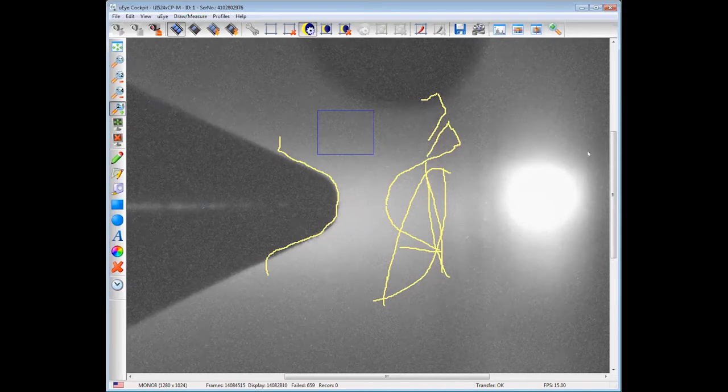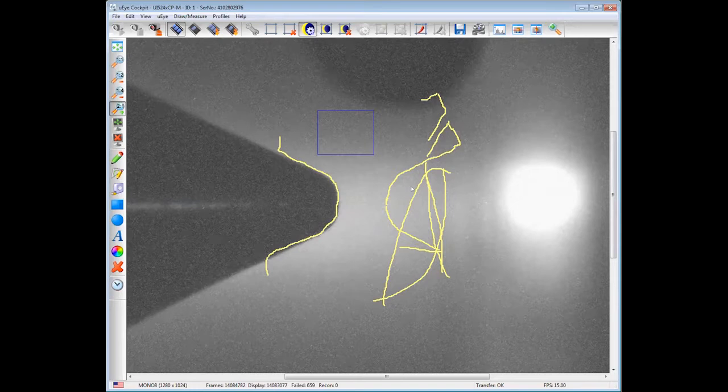When we approach the sample, at some point we will start to see the sample here, how it's approaching, and at some point we start to see the shadow of this nozzle on the sample. And as I told you yesterday, the shadow and the sample and the nozzle should never meet.